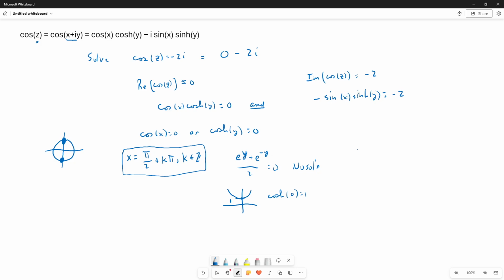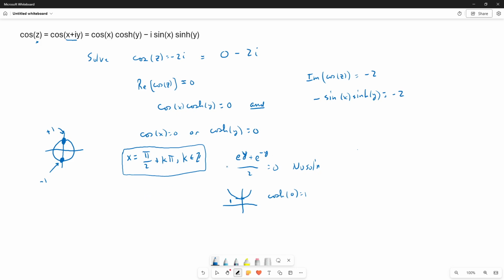Now, when we look at this equation, we can keep in mind the value of x. So let's transfer that here. If x is equal to pi over 2 plus k pi, then that means that the sine of x is either plus 1 if the angle is at the top, or minus 1 if the angle is at the bottom.